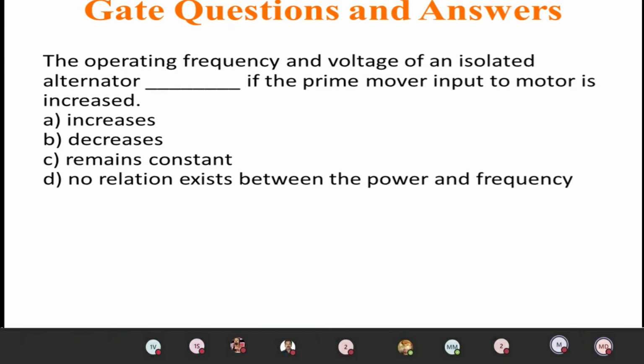By varying the prime mover torque, the load angle as well as the operating frequency will be affected. So while you change the prime mover speed, ultimately you can change the frequency output.